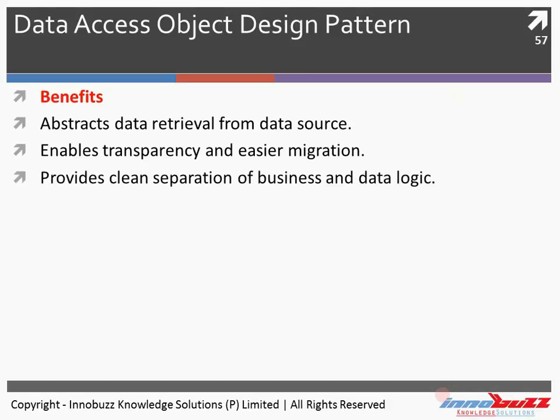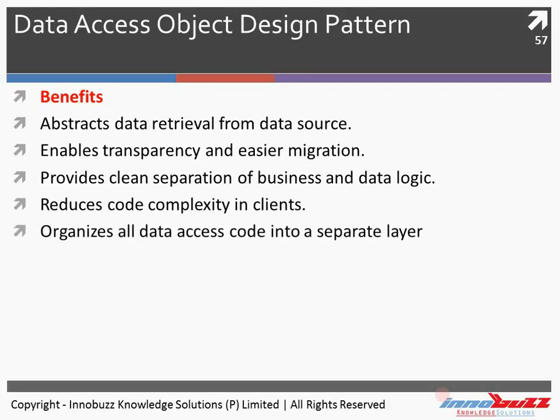Provides clean separation of business and data logic. This is the main advantage, where you can separate the business logic and the data logic. So you can have two classes, one class dealing with your business and the other class dealing with the data logic, doing connections and then getting the results back, handling the connection and many more. Reduces code complexity in clients, organizes all data access code into a separate layer.